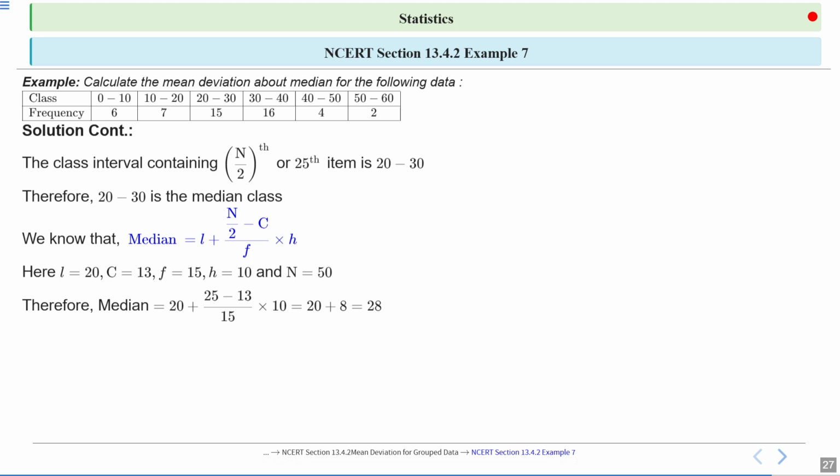Therefore, median equals 20 plus (25 minus 13) multiplied by 10 upon 15. After simplifying, this is equal to 20 plus 8, which equals 28.